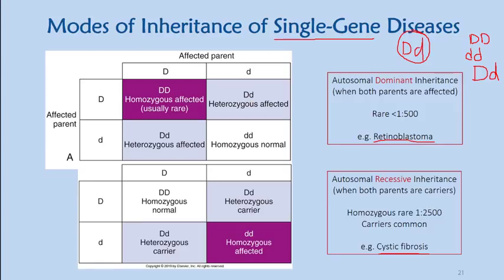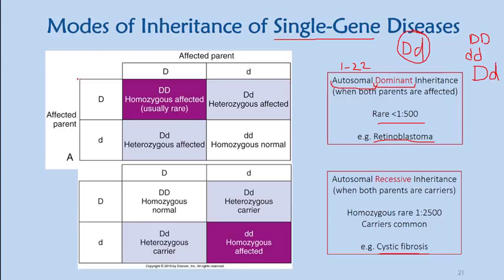Now in the top Punnett square, looking at retinoblastoma, you can see this is rare, less than 1 in 500 affected. But what I want you to be aware of is that this is a dominant genetic disorder. Autosomal, remember, it's affecting the first 22 chromosomes, so it's not affecting the sex chromosomes, and it's dominant.